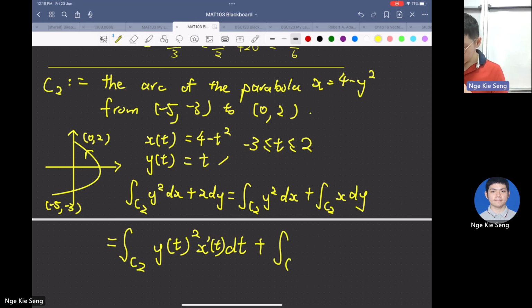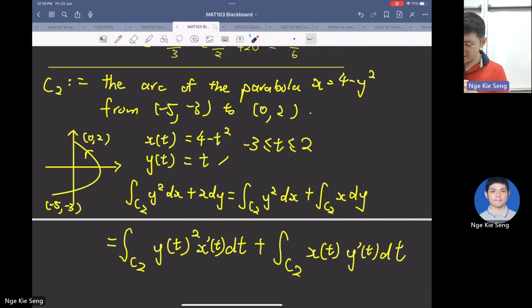Plus the integral over C2 of x, as a function of t, multiplied by y prime t dt. So you can see that dx and dy become functions of t with the extra factor x prime t. Does this look familiar? It's a change of variable. When you change variable, you need to do the chain rule.